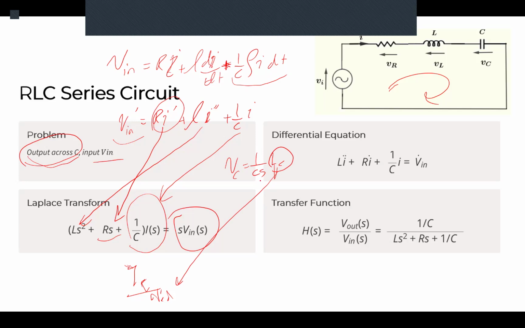We simply multiply that by 1 over CS, and now we have the transfer function for our output voltage across the capacitor over input voltage. Is that clear how we reach the result?